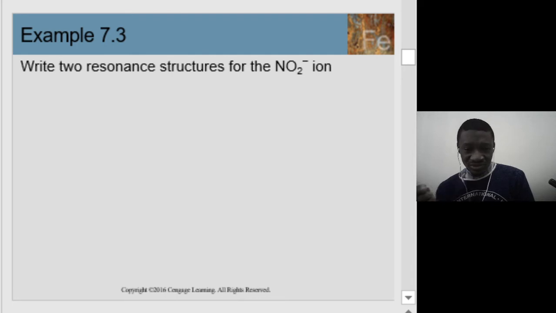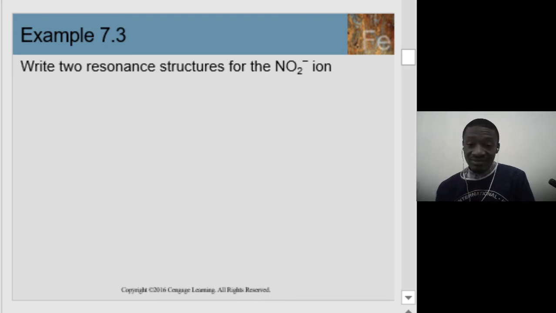How many resonance structures can it form? Know that you have to have two for starters, and when you have O2, can I get the idea that basically it's 2 that might come out of it? We saw 3 for NO3 minus, right? So give it a try. I'm waiting for you.